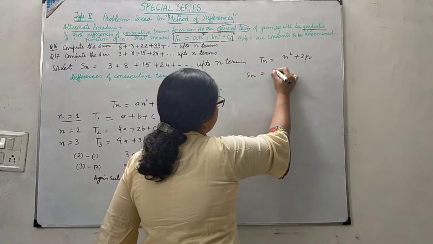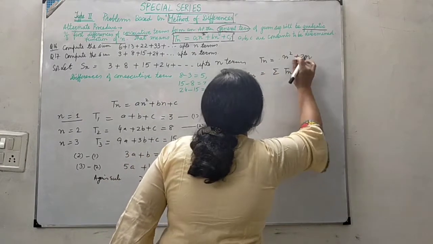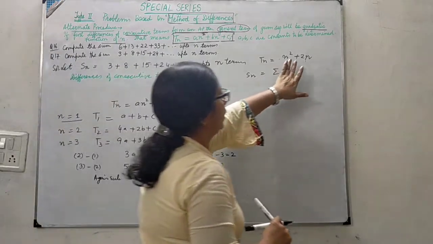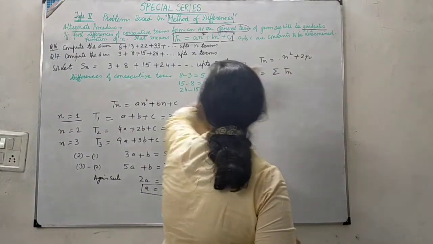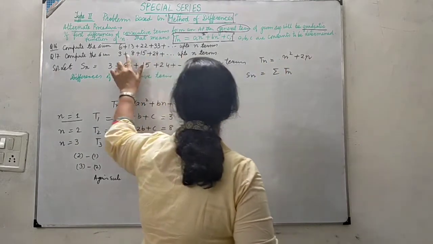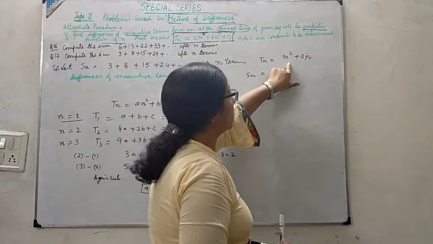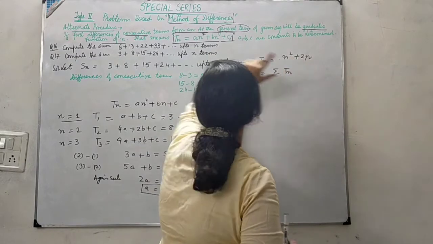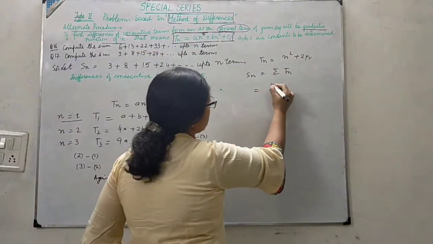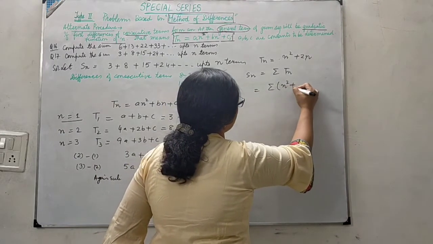Sn will become sigma Tn. If you have any doubt, you can always verify. If I substitute n as 1, 1 square plus 2 into 1 is 3. If I substitute 2, 2 square plus 2 into 2 is 8. And if I substitute n as 3, this is 9 plus 6, 15, and so on. You can always check.